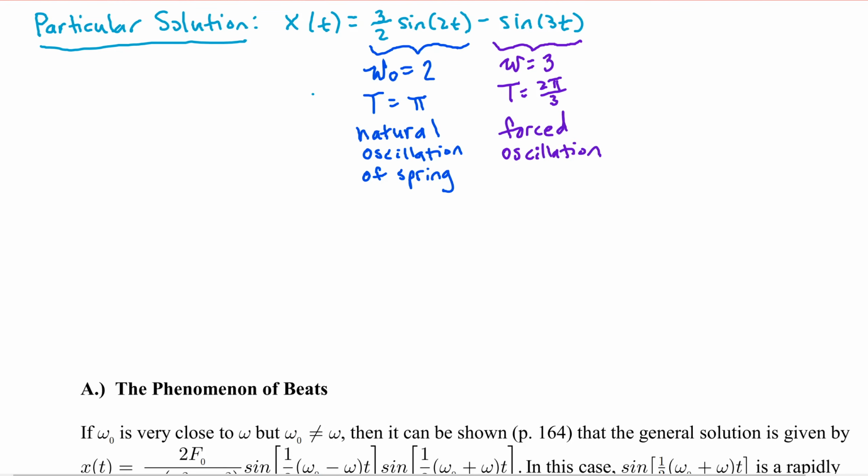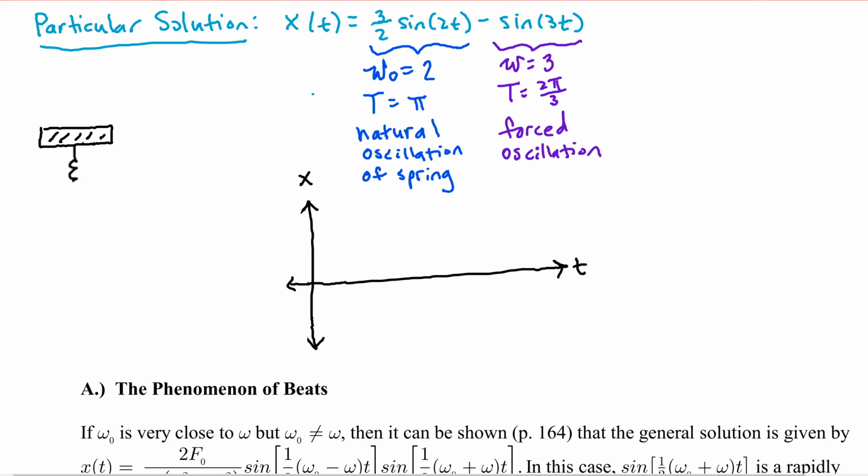So let's sketch a graph of the behavior of our spring. Recall here that our independent variable is t for time, and our dependent variable x is the position of that mass. Now, just as a reminder, we have a base with the spring attached to that base and a mass oscillating on the end of that spring.